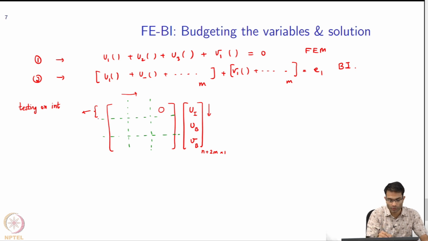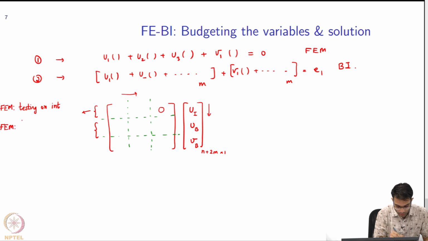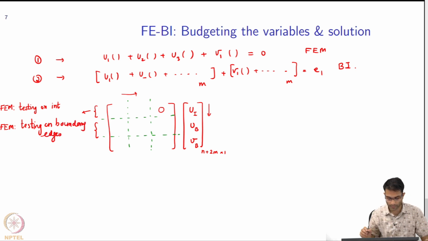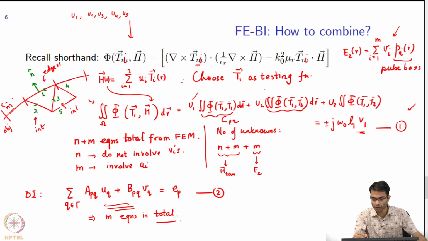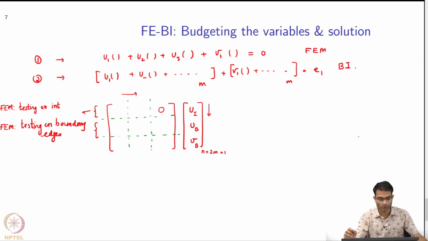So this is testing on interior, this is FEM, then this is FEM testing on boundary edges. As we have seen, it involves u1, u2, u3. u1 is on the boundary, u2 and u3 are on the interior, and it involves v1, which is obviously on the boundary only. So all of these 3 blocks will be non-zero. So this is there, this is there, this is there, and this is there.